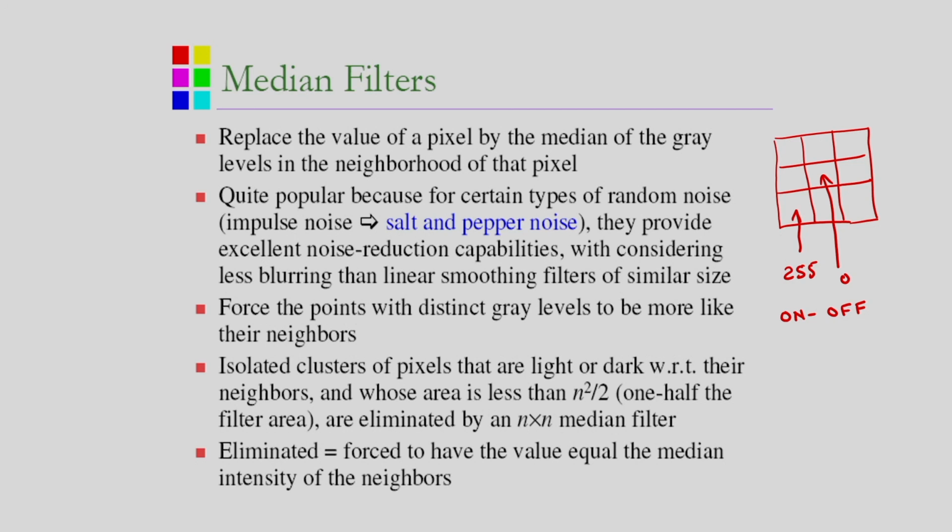And one thing is important, the median is a nonlinear filter. Why is it a nonlinear filter? So I can show you. Suppose I take the median of a f1 plus b f2, that is not equal to a median f1 plus b median f2.